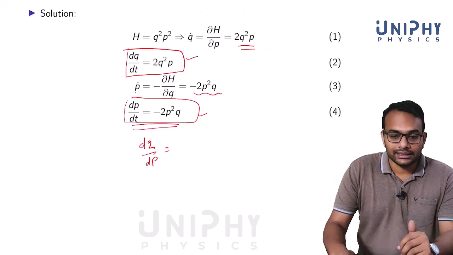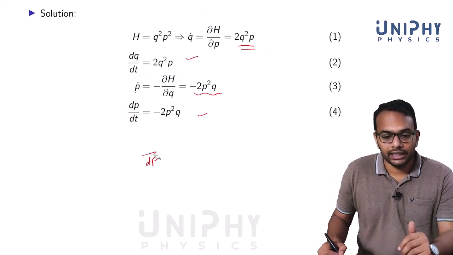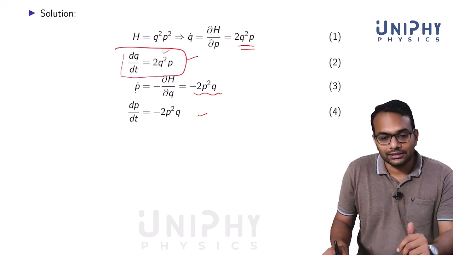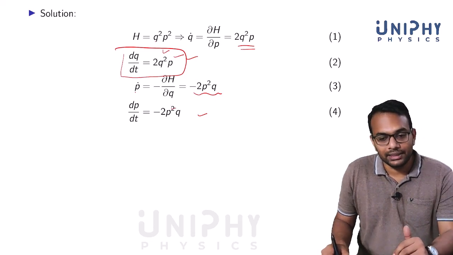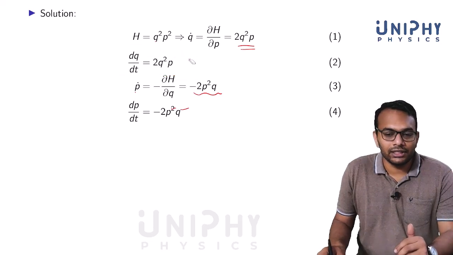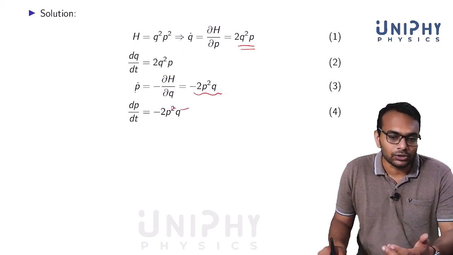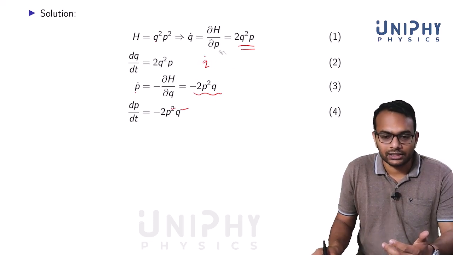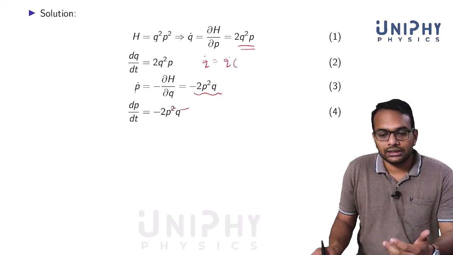Let me explain again. Once we obtain this dq by dt, you see that there's this q and p in here. When you find dp by dt, there's a p and q in here. But in order to find a correct differential equation and solve it, you need q dot as a function of q and t alone.